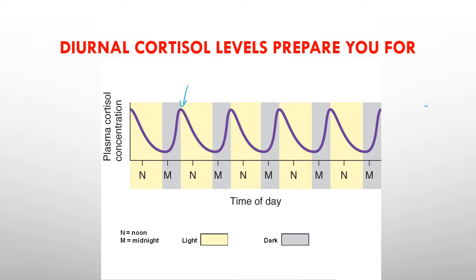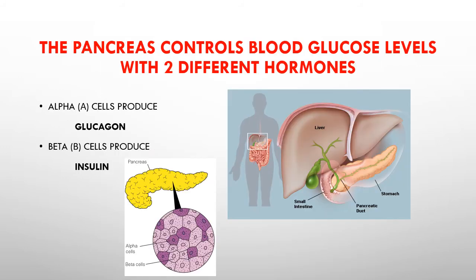This can start to mess with things, along with our melatonin levels, which are fluctuating throughout the day as well. This is where we start to get jet lag and things like that, or those that are on swing shifts where they're working days and nights, their sleep cycle and their energy levels can oftentimes be disrupted simply because of disrupting their normal hormone productions.